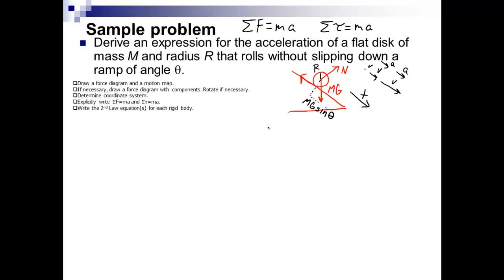The sum of the forces equals ma equation will be mg sine theta, that's in the positive direction, minus the friction, which I forgot to label here. This is the friction right here. Minus f is equal to ma.